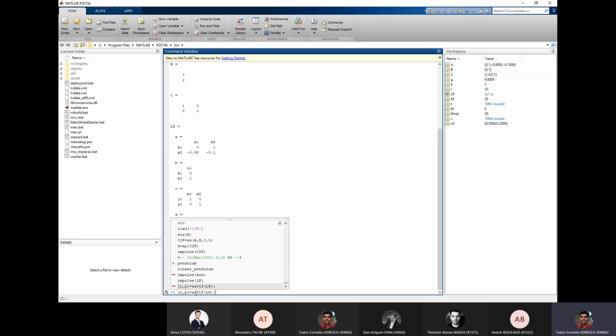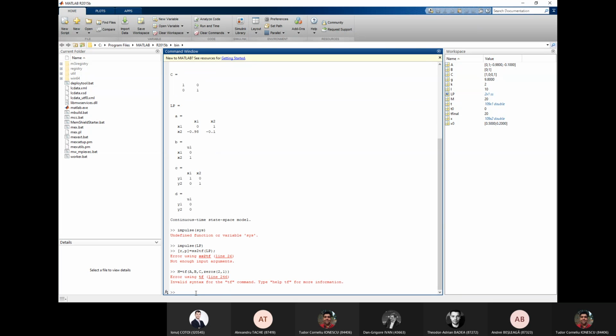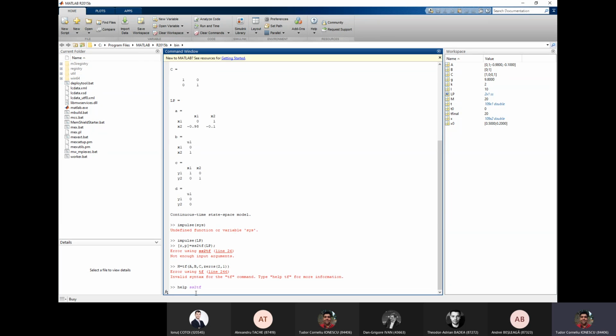No, I think we should just use, let's see if we can do this. H is transfer function of A, B, C, and zeros 2 times 1. I cannot show you right now the transfer function. I don't know why. Let's do help SS to TF.